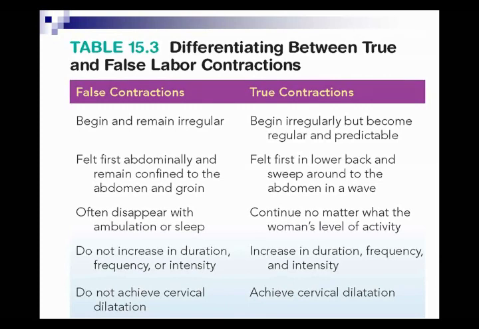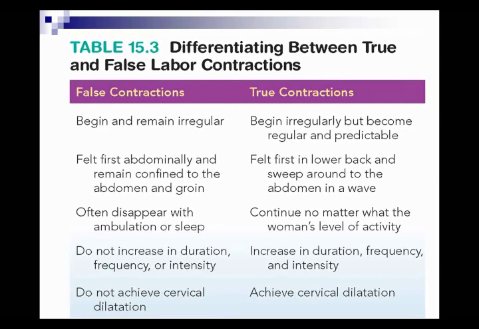False labor contractions begin and remain irregular. True contractions begin irregularly but become regular and predictable. In false labor, it's first felt in the abdomen, and with true contractions, it's felt first in the lower back and sweeps around the abdomen in a wave.